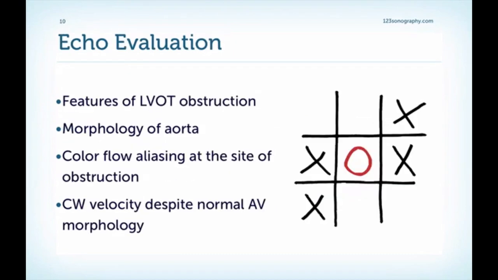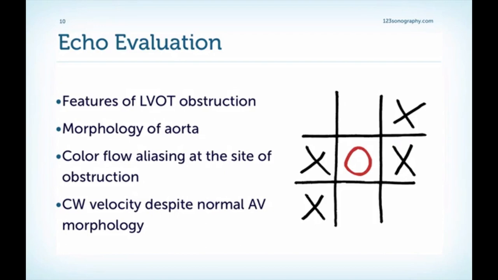So what are we looking for in the echo evaluation of these patients? We can find the typical features of LVOT obstruction, and we have to check out the morphology of the aorta and the aortic valve. Typically, there is color flow aliasing at the site of the membranous obstruction, and we have to be very careful when we see increased continuous wave velocity despite a normal aortic valve morphology.